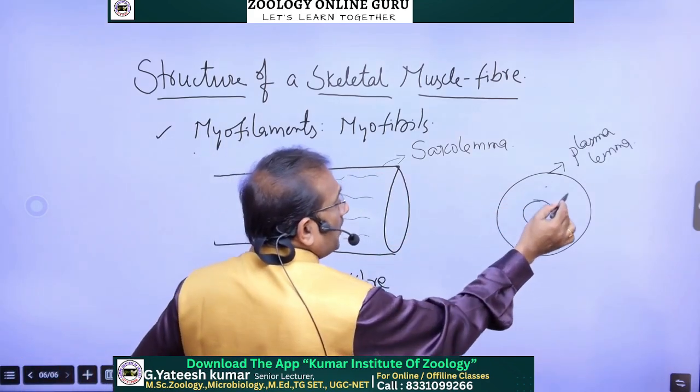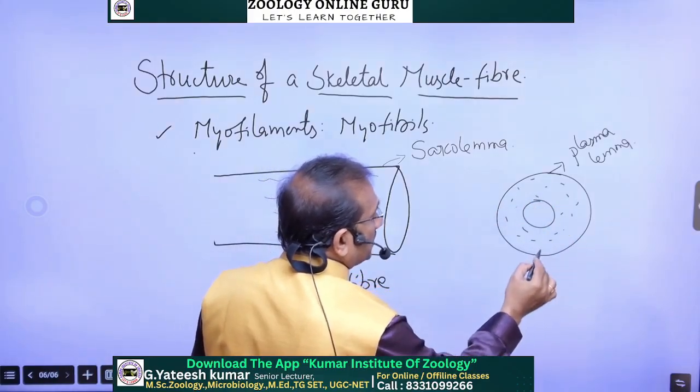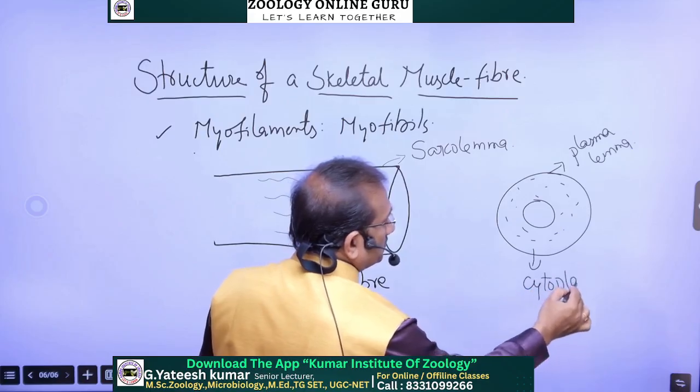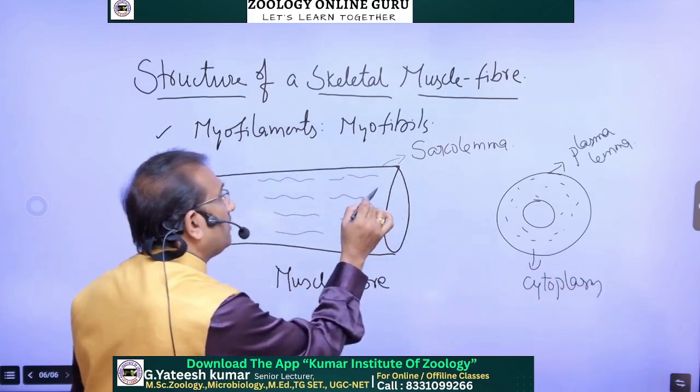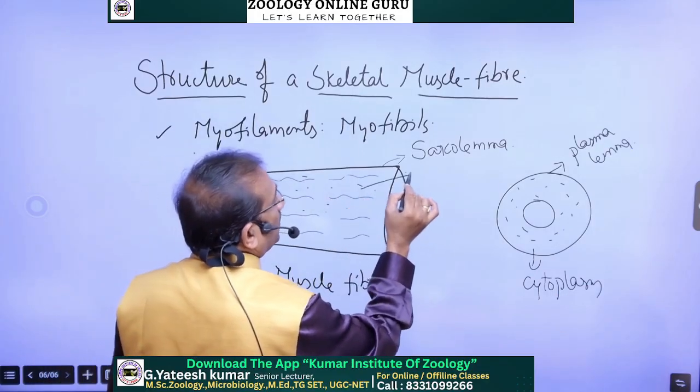In the common body cell, the animal cell, the liquid present inside the cell is called cytoplasm. And the liquid present inside the muscle fiber is called sarcoplasm.